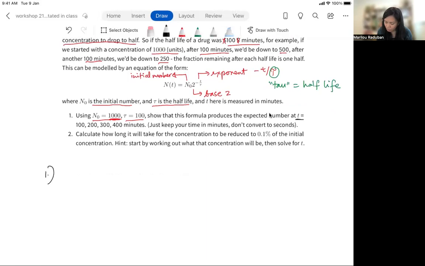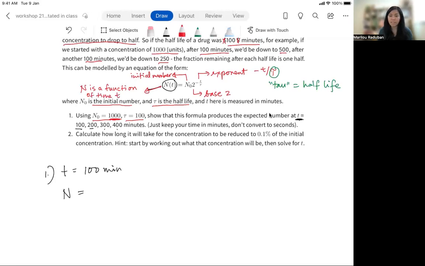For the first question, we're just substituting the value of t. So t is 100, 200, 300, and 400. We'll do the first one. This N(t) just means that N is a function of time t.